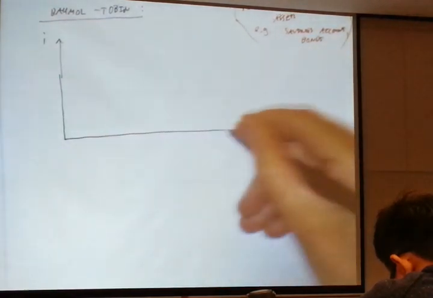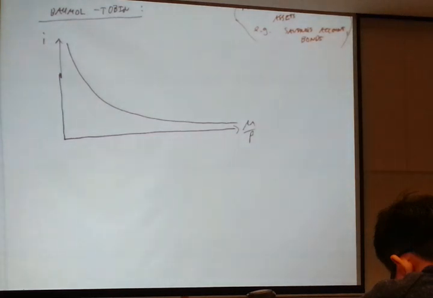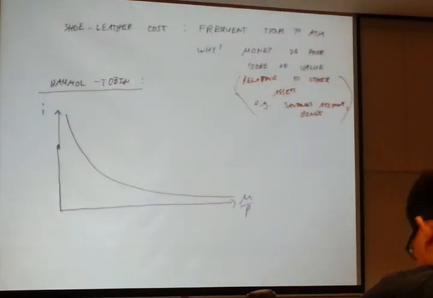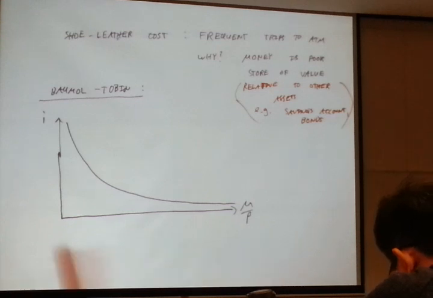Baumol-Tobin will give you a money demand function. That's the point of it. It looks very much like, you can check it, the one I drew, like that. Where are you paying a lot of shoe leather costs? Which points on the money demand function are shoe leather costs very high? Is it at the left or the right? At the left, because at the left you're holding on to a really tiny amount of money.